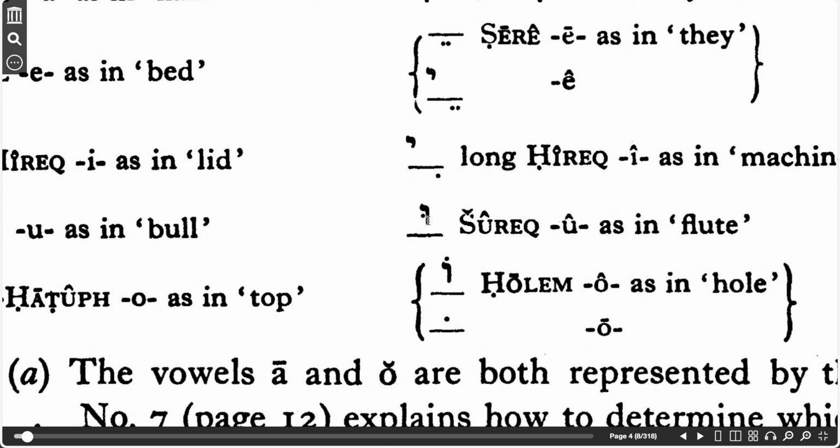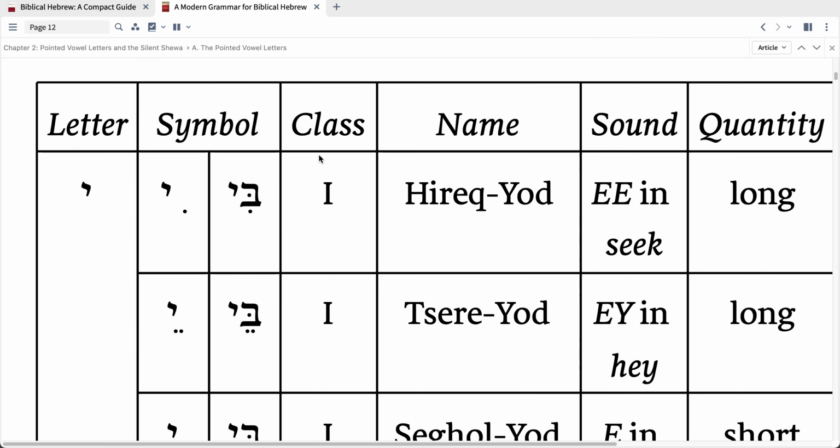So you have to learn those letters because you're going to find that certain vowels can show up in letters. And shureq is one of them. So if I see a dot here, that's a u sound, like in the word flute. Flute.